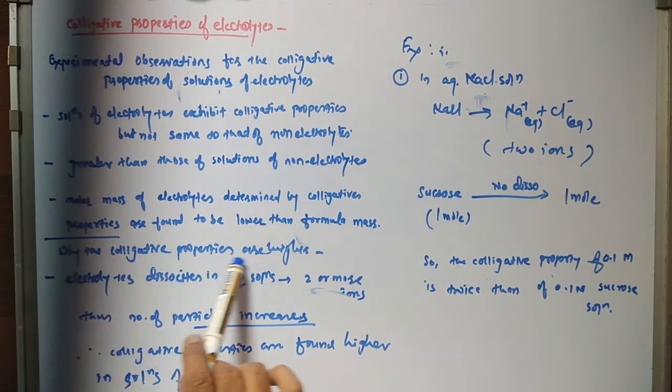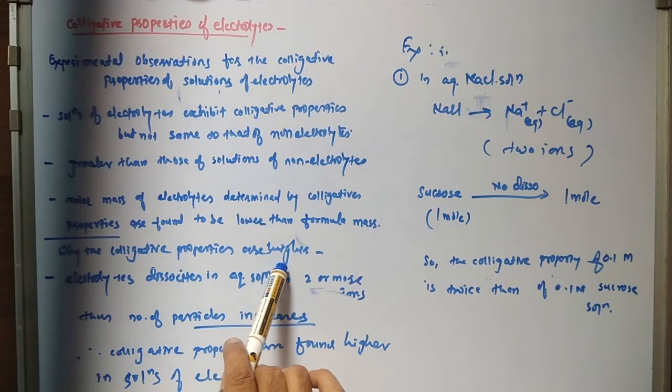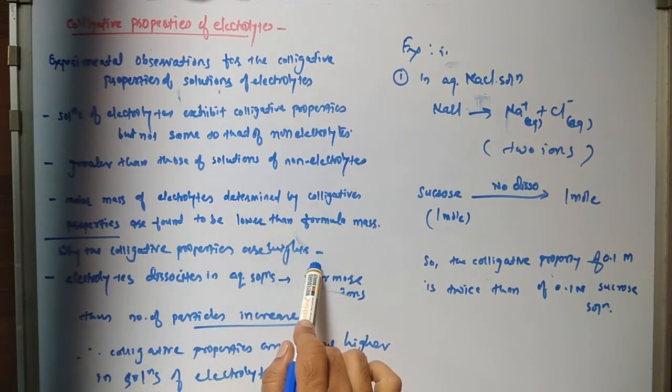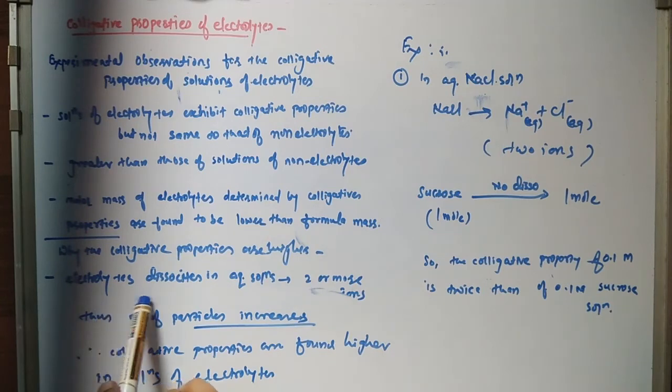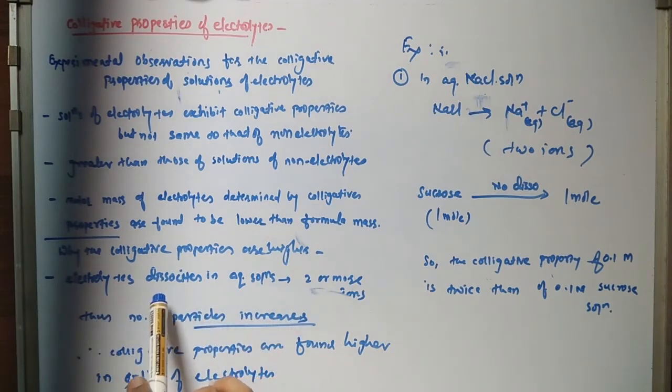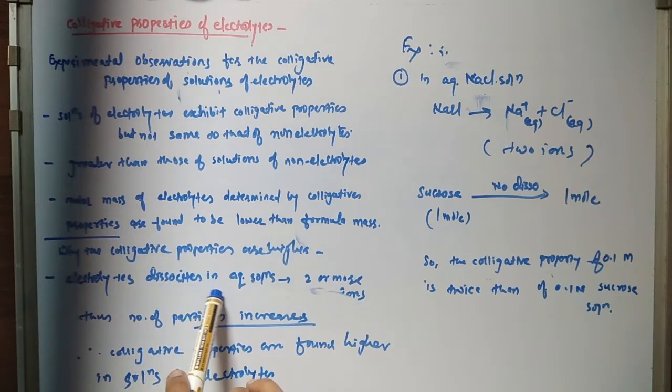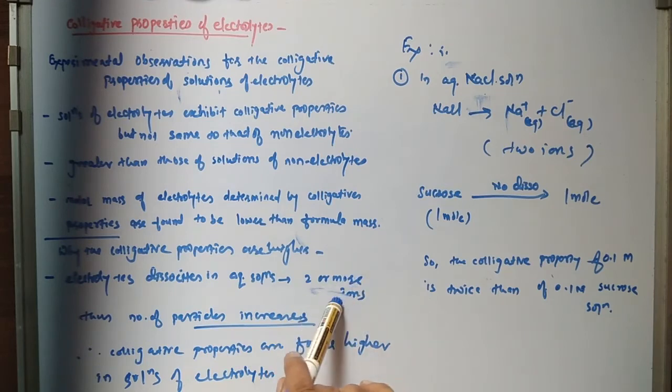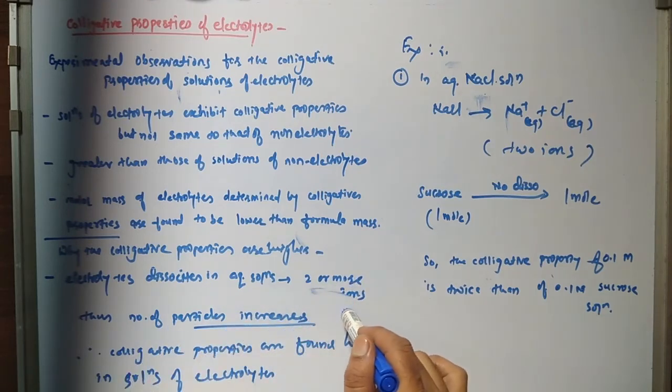Now why are the colligative properties higher in the case of electrolytic solutions? Because the electrolytes dissociate to form ions. When one molecule of an electrolyte dissociates, two or more ions are formed, so the number of particles increases beyond the expected value.